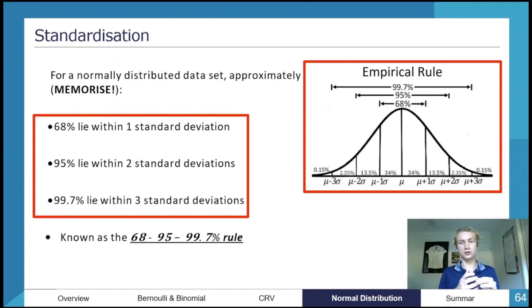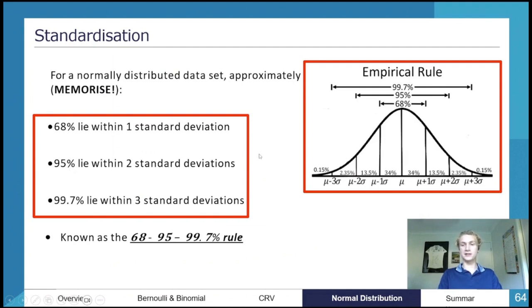One standard deviation means either side of the mean, so our little S symbol, really. And within that one standard deviation, that area is going to be 0.68. So you can write 0.68 on this graph.